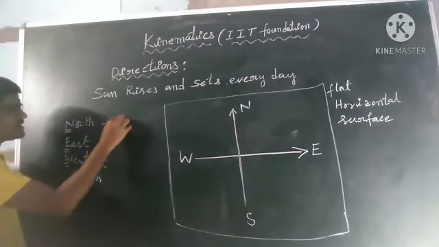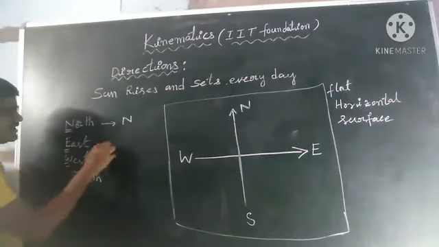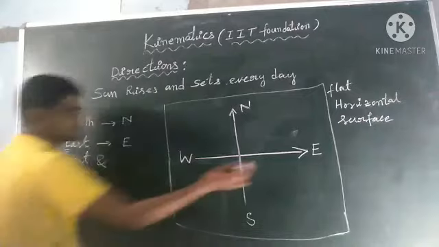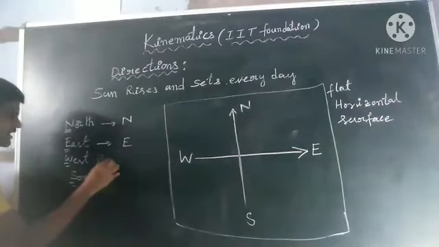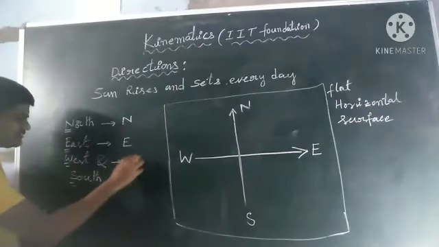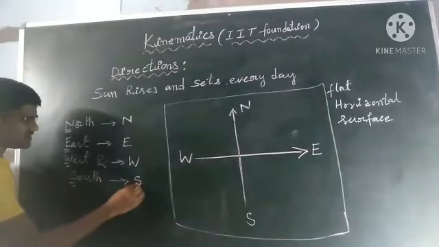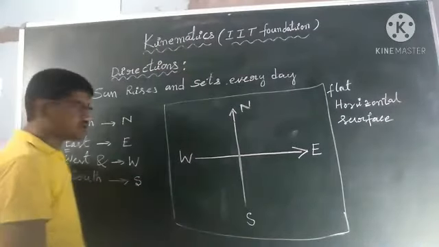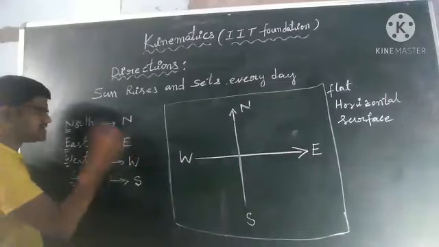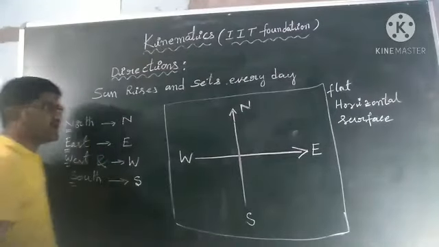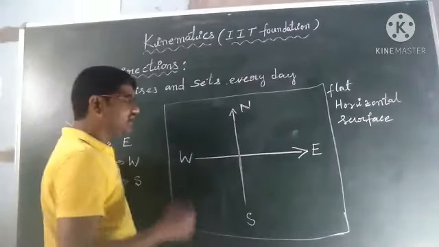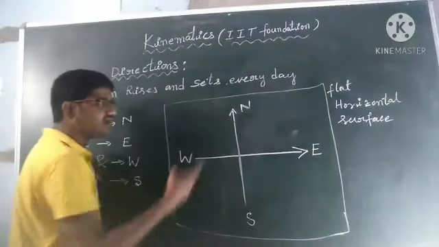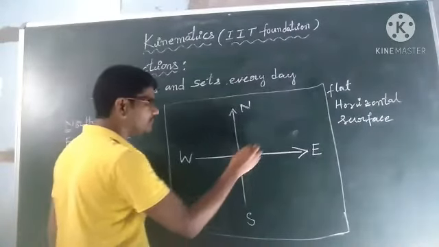N stands for north, E represents east, W represents west and S represents south. These are the basic directions.